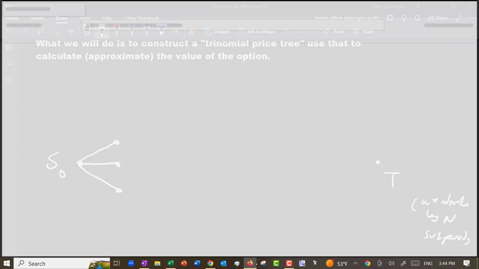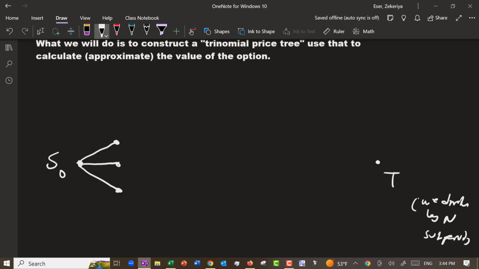So this is the time period T over n. So if T is 1 year, that would be 1 over n years. If n is 10,000, think about how small of a period that is.